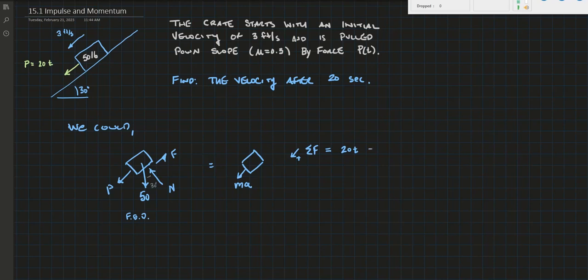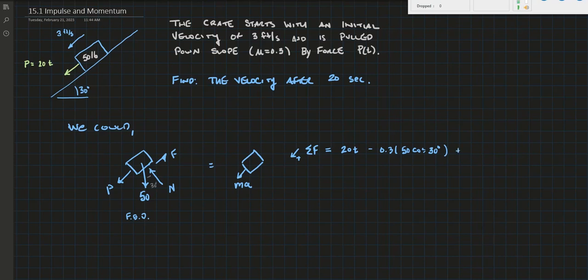Subtract off our force of friction, which is 0.3 times the normal force. Our normal force is a portion of the weight, which is 50 cosine 30. You can find that by summing forces in the direction perpendicular to our acceleration.